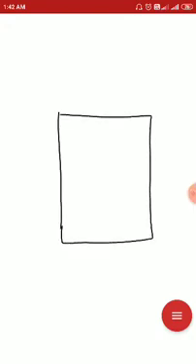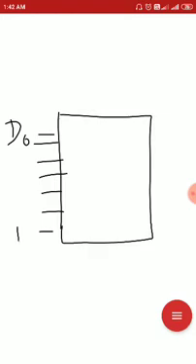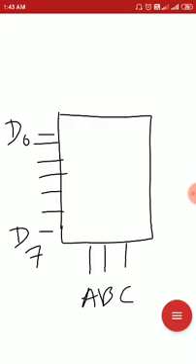Then we are giving the 8 inputs starting from D0 to D7. Then the select lines are given one by one, that is A, B and C. Then only one output is there because it is an 8 by 1 mux.